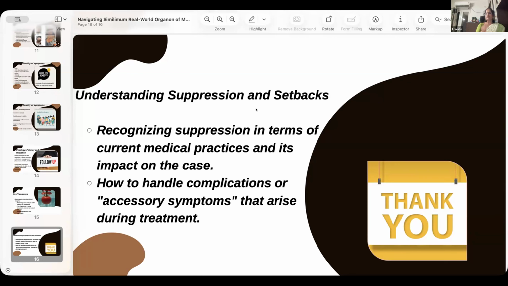So the accessory symptoms created by a particular medicine, or by the use of another system of medicine, should be ruled out to find out whether the choice of selection is right or wrong, whether suppression is happening or healing is happening, which is very, very important.